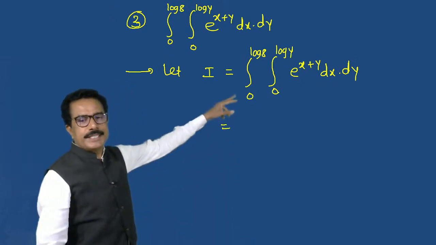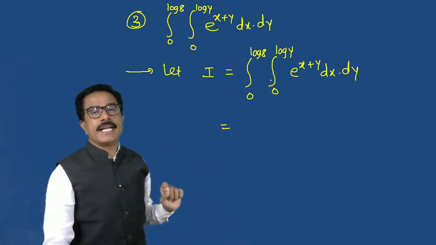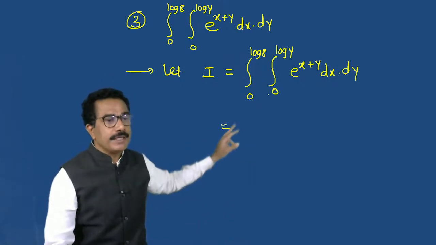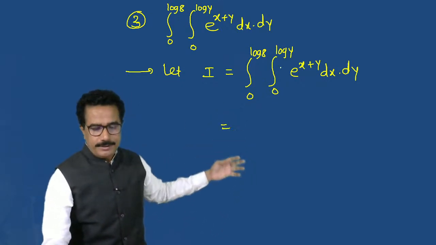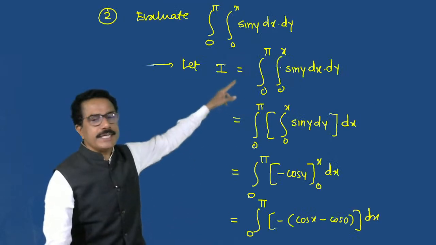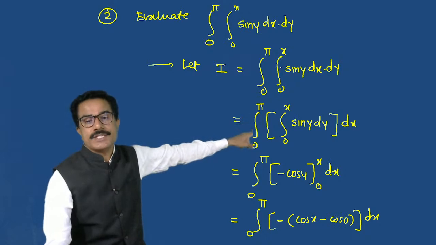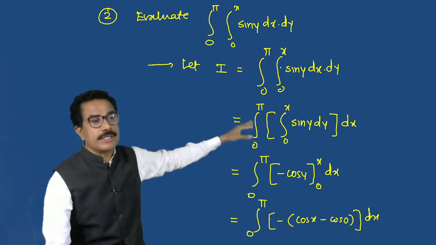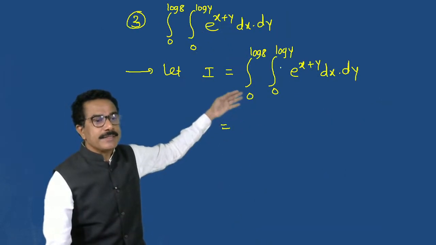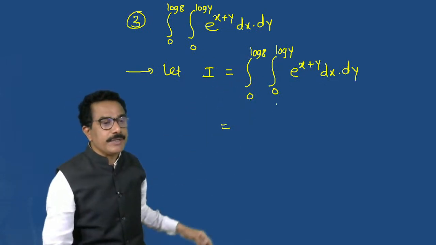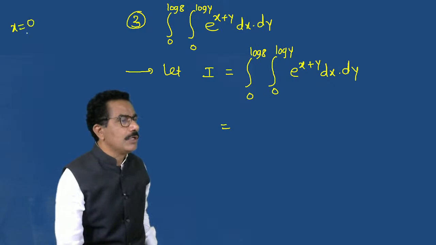So check this, the limits of the second integral are in terms of y, meaning log y. Earlier, the limits of the second integral were in terms of x, so we integrated first with respect to y, keeping x constant. But in this case the limits of the second integral are in terms of y, meaning x goes from 0 to log y.